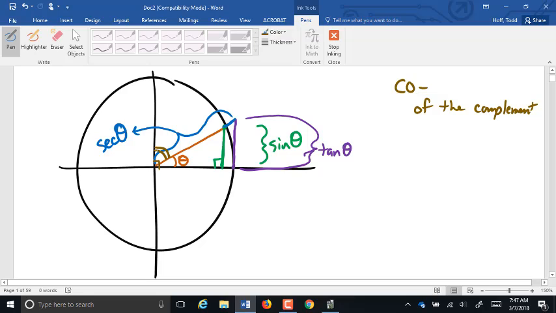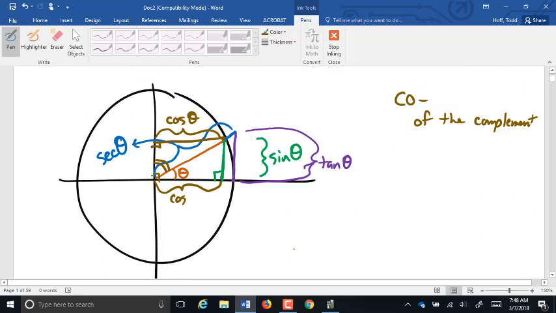So since that's the complement, the cosine is this sine right here. That would be the cosine of theta. We usually take it down here just because that forms a rectangle because they're all right angles. We usually take this down here to be the cosine of theta.